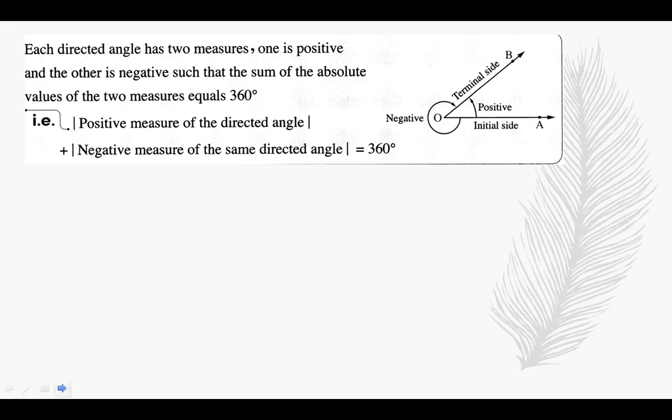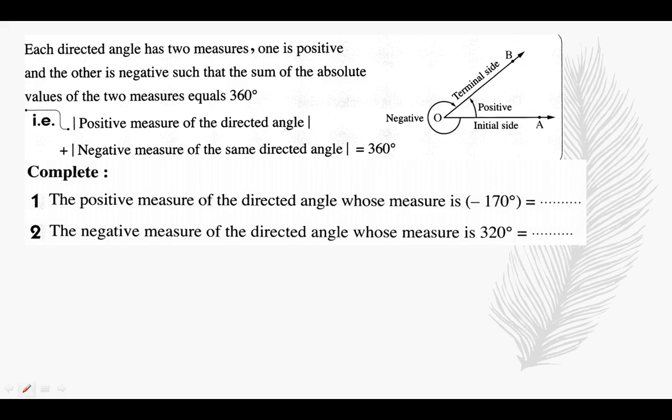As you can see in the opposite figure, if you start from the initial side to the terminal side, you have two ways. If you start from OA to OB in the positive direction, as this, the measure will be positive.